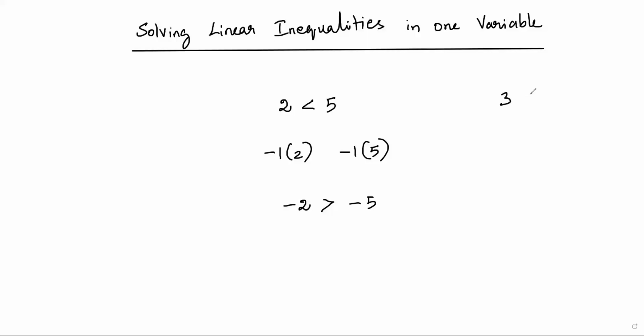This is not only for multiplication. Just for example, 3 < 6. In this inequality, I'm going to divide both sides by the same negative number, in this case negative 3.